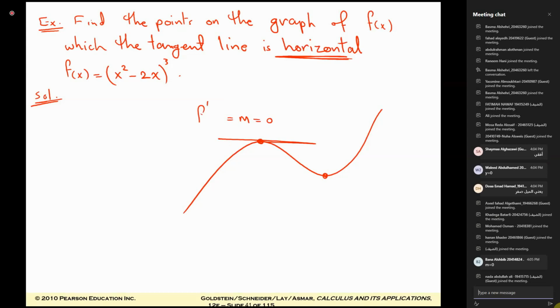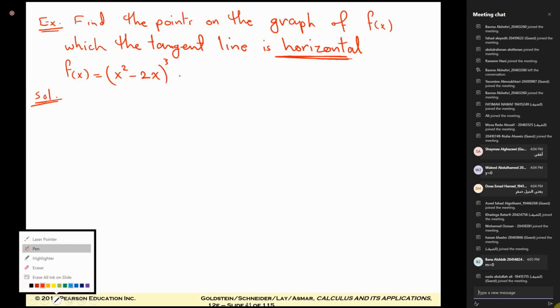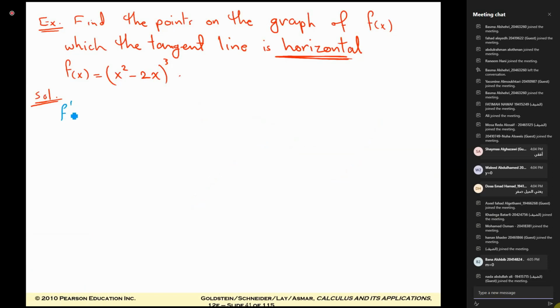So we need to find the points at which f prime equals 0. So firstly we need to find f prime. What's the f prime here?